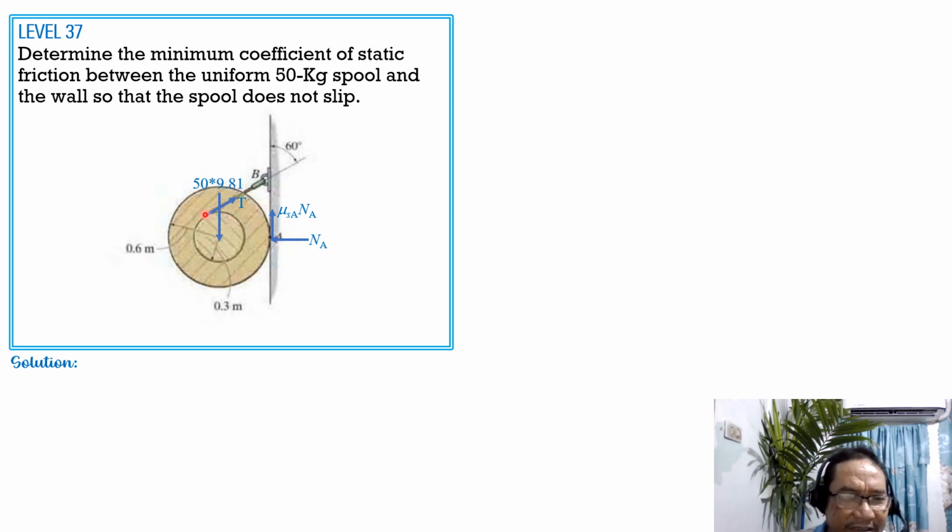For the distance, this is 0.3 meter radius. The angle of inclination of this tangent is 30 degrees, 90 minus 60. So the angle between the normal and the vertical is also 30 degrees. If this is 30 degrees, this vertical distance between the point of tangency and the center would be 0.3 sine of 30, and that is 0.15.